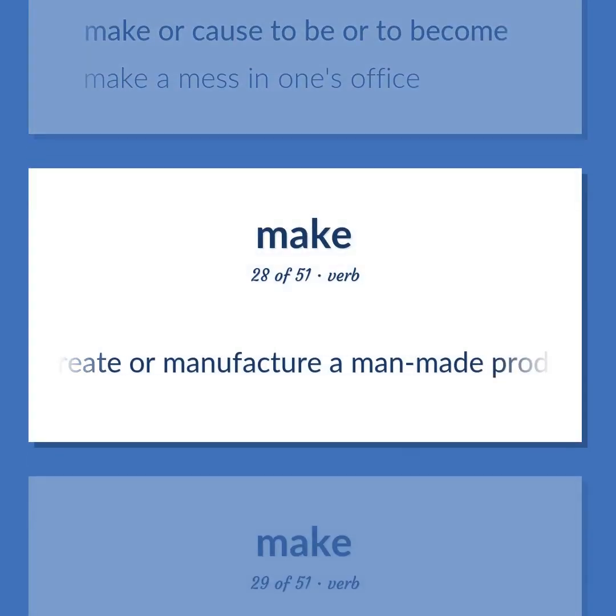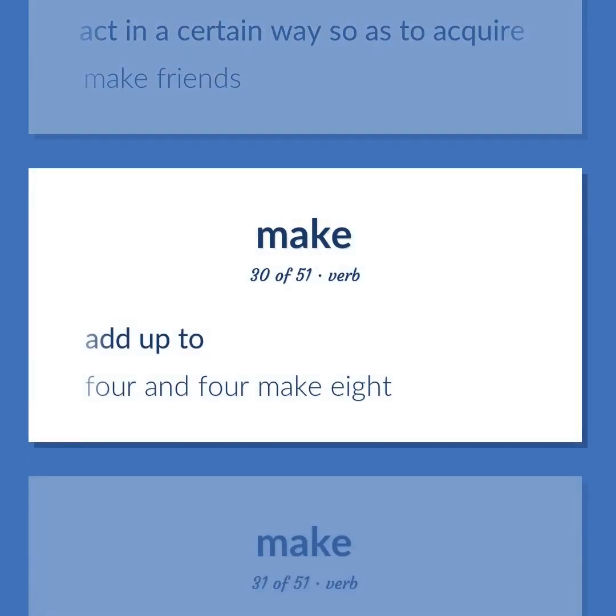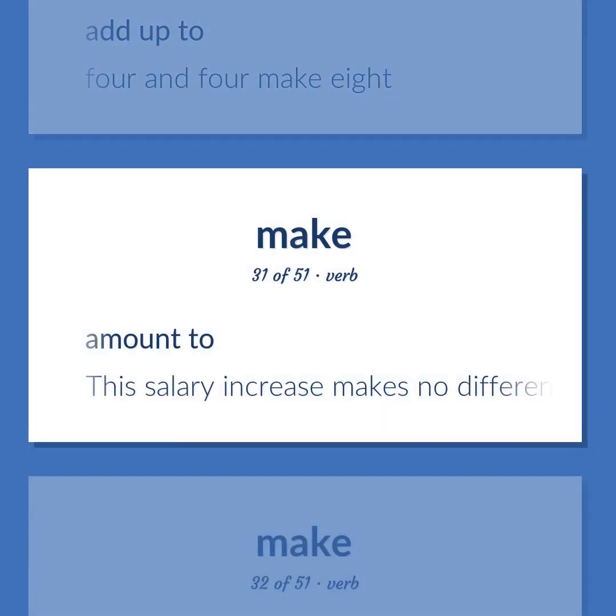Create or manufacture a man-made product. Act in a certain way so as to acquire. Make friends. Add up to. 4 and 4 make 8. Amount to. This salary increase makes no difference to my standard of living.